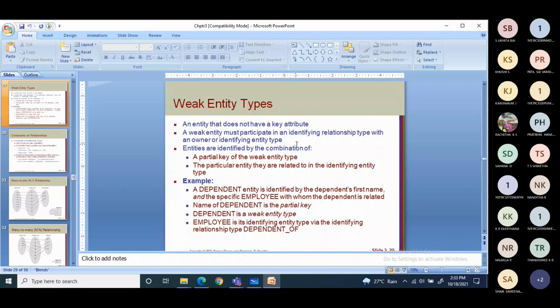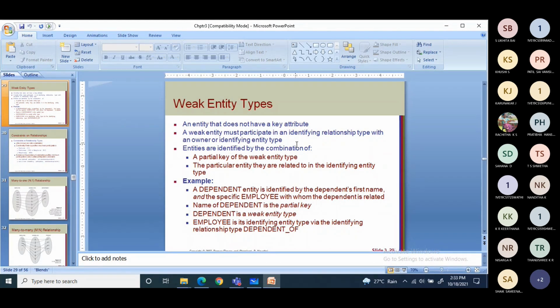The best example is dependent, as we discussed in the previous classes. An employee may have a dependent, but the dependent may not have its own identity; the employee is the identity for the dependent.